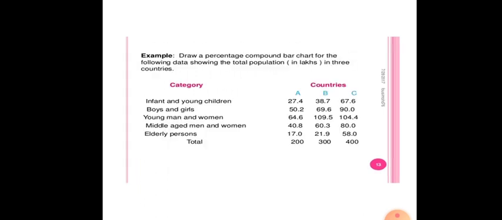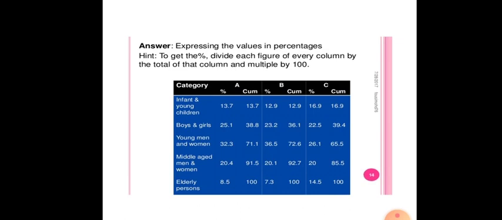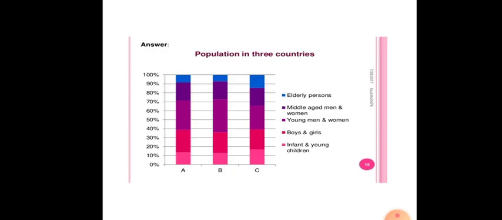Now for the boys and girls, for country A it's 50.2. How to calculate: 50.2 divided by 200 into 100, you will get the answer 25.1. Like this we have to convert the data into percentages, and with the help of this percentage data you have to draw the percentage bar diagrams.